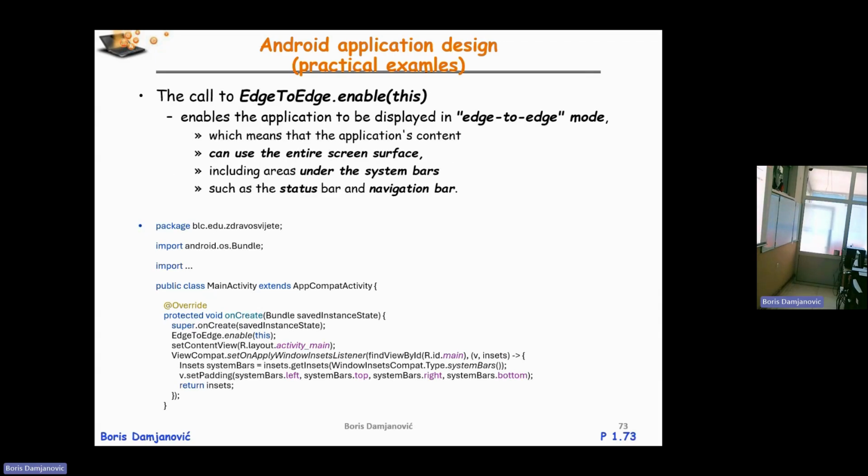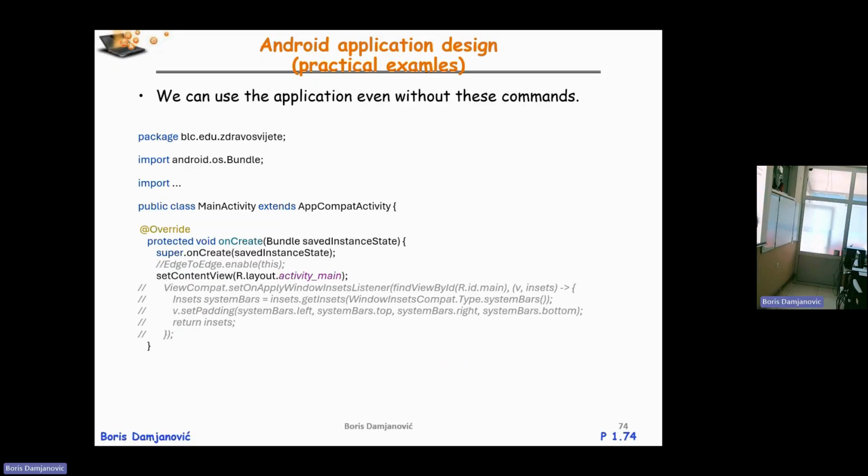And after that, we will start rendering. Edge to edge, this is also a new feature. We can use all the space, including the title bar and status bar, in our application. This is a new feature that is automatically included in our application, but our application could work without it.